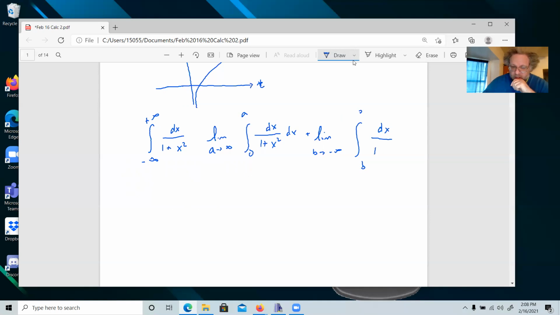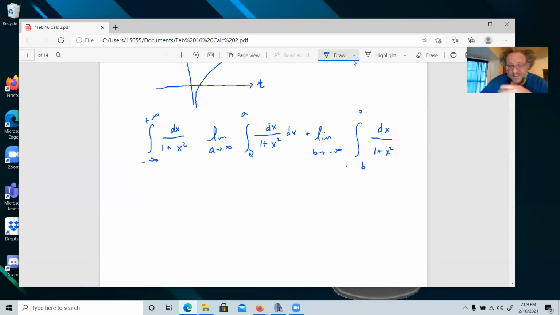Is there anything magical about 0? Not really. You could have chosen 1 to a and then b to 1. It really wouldn't have mattered. There'd be more stuff to deal with in the middle, because 0 is a very convenient point, but there's nothing magic about having picked 0. I mean, you could have picked 101 to a and then b to 101.